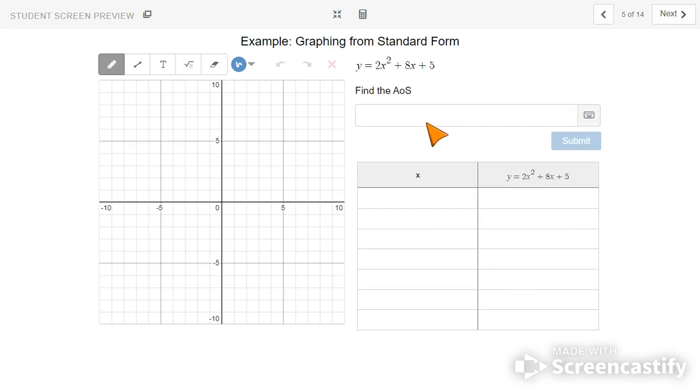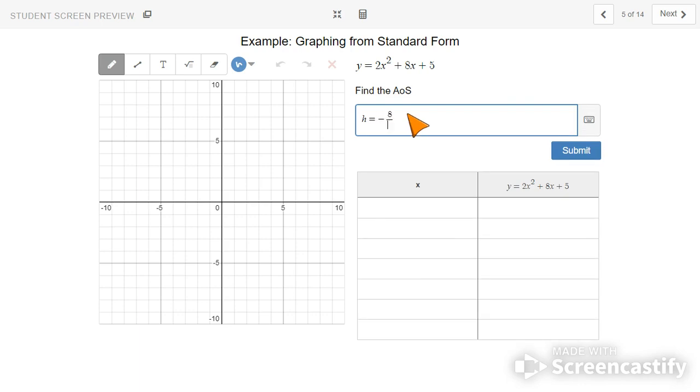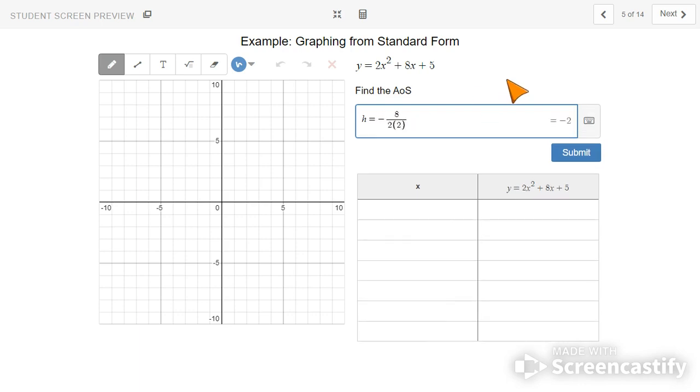Let's do one more example of this. When we have a graph like this, we must first find the axis of symmetry. The axis of symmetry, we use the equation h is equal to negative b over 2a. We have negative 2. I'm going to place some numbers around it.